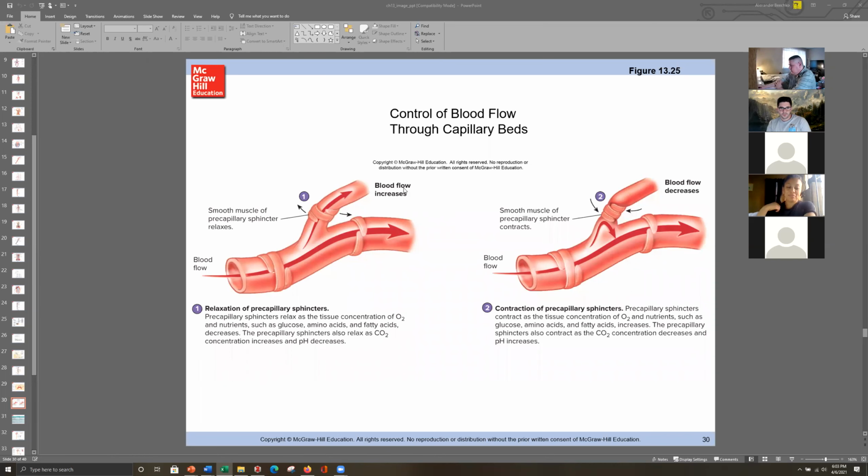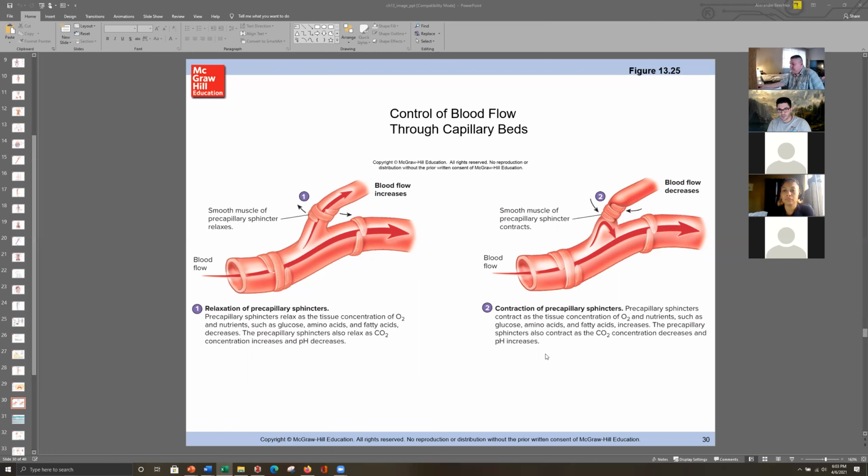All right. So as I mentioned before, we can contract or relax sphincters to allow for blood to essentially be redirected away from a particular capillary bed, right? So increased concentrations of things like glucose, amino acids, and fatty acids can trigger chemoreceptors that can then cause specific smooth muscle capillary sphincters to close off, right?